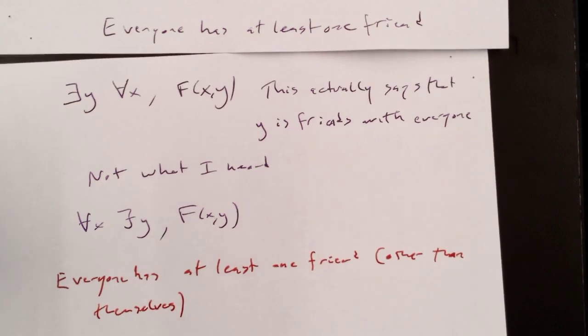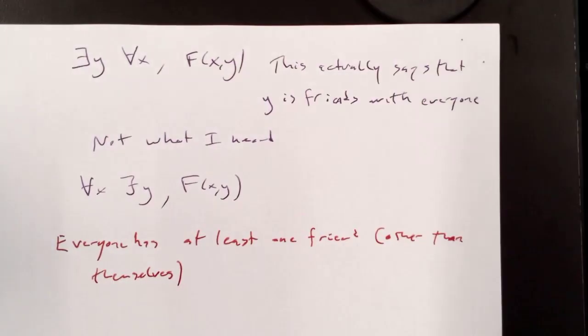So now I've changed the sentence just a little. I'm not discounting the idea that you can be your friend, but I'd like you to have another friend. Somebody other than your imaginary friend, I guess. The elephant from Inside Out, Bing Bong, something like that. Okay. How do I add this piece in?